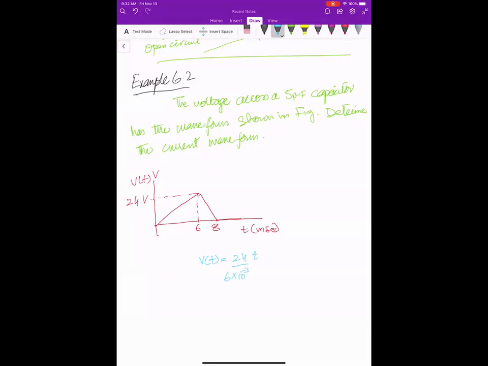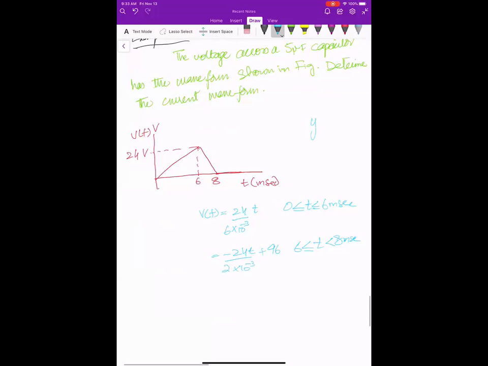So the curve is given, and similarly, you can also find this curve using the slope formula, which is y equals mx plus c.